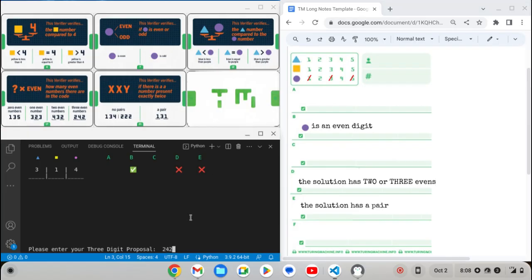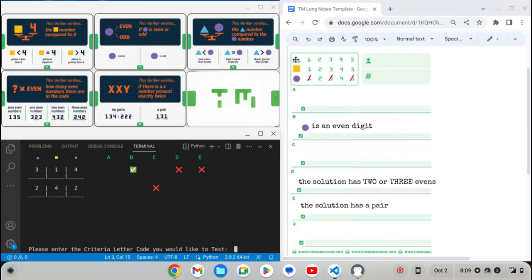2, 4, 2. All right. Well, it was a bit of a risk to choose the square digit to be 4. But first, let me go ahead and test criteria card C and see if the first and last digits are equal. Okay, so they're not. Let's see, how do we type that up?